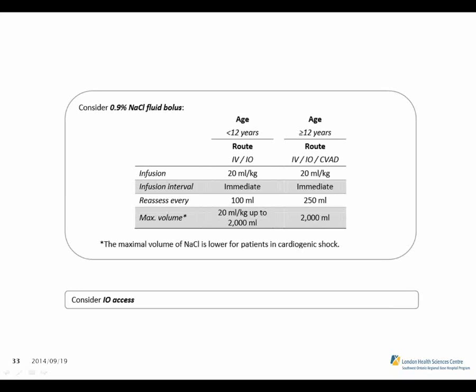And to be clear, the situations of shock that I've described with dissection, I wouldn't call that cardiogenic shock. Tamponade is more of an obstructive shock, so that would benefit from the 20 per kilo bolus. If they're exsanguinating, that's more of a hypovolemic shock, and again would benefit from a larger bolus.